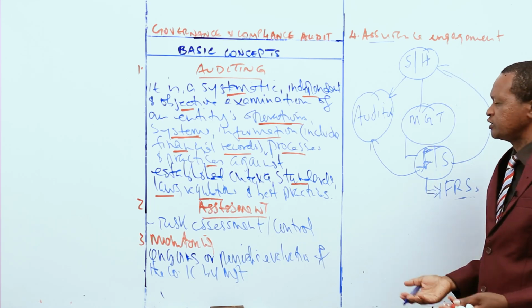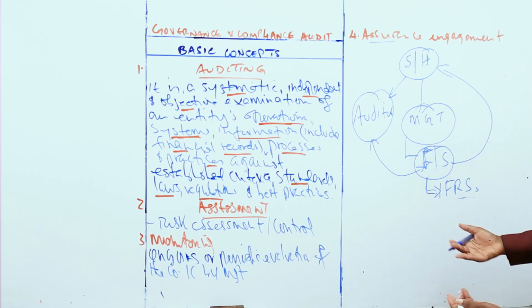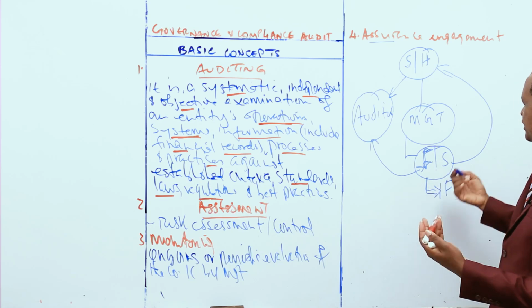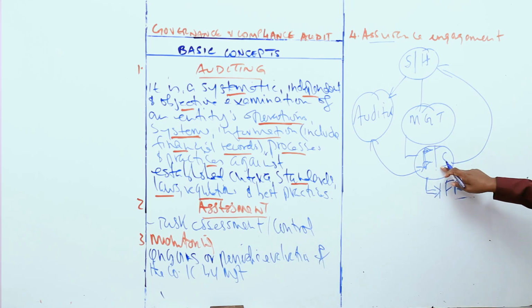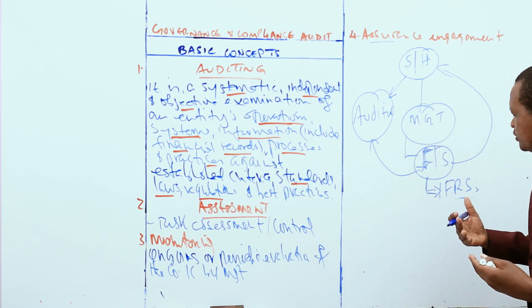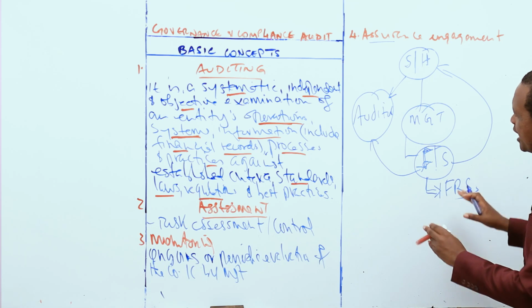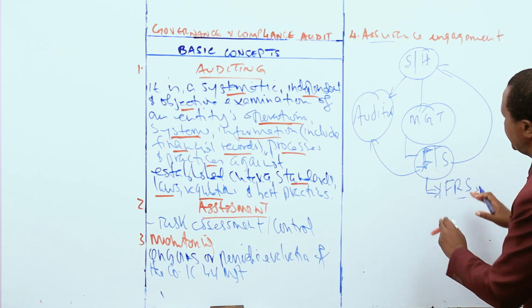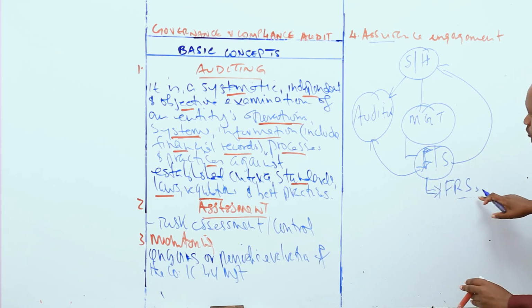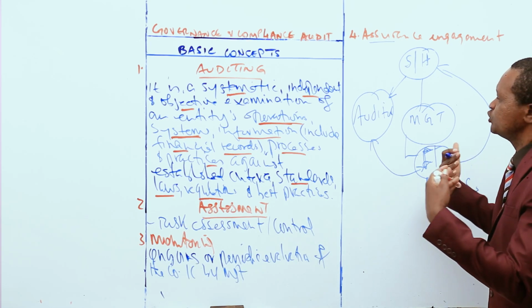In the audit report, the auditor will indicate that having examined the financial statements of the company, it is our opinion that the financial statements have been prepared in line with International Financial Reporting Standards. That is what we are referring to as assurance.